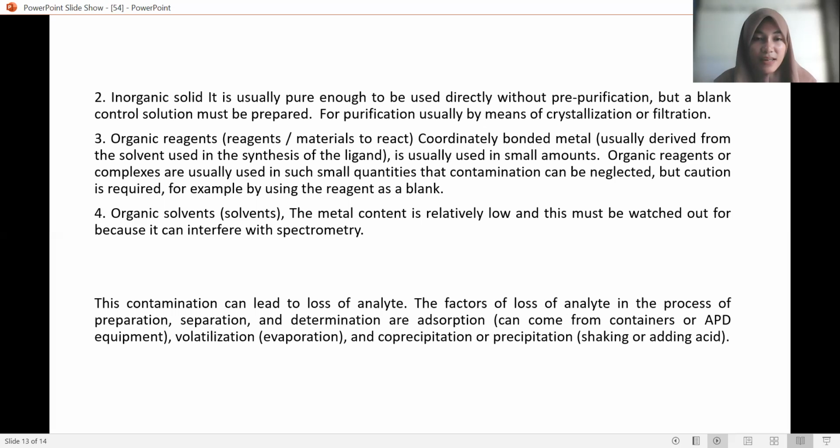This contamination can lead to loss of analyte. The factors of loss of analyte in the process of preparation, separation, and determination are absorption on the walls of equipment, volatilization or evaporation, and precipitation or shaking.